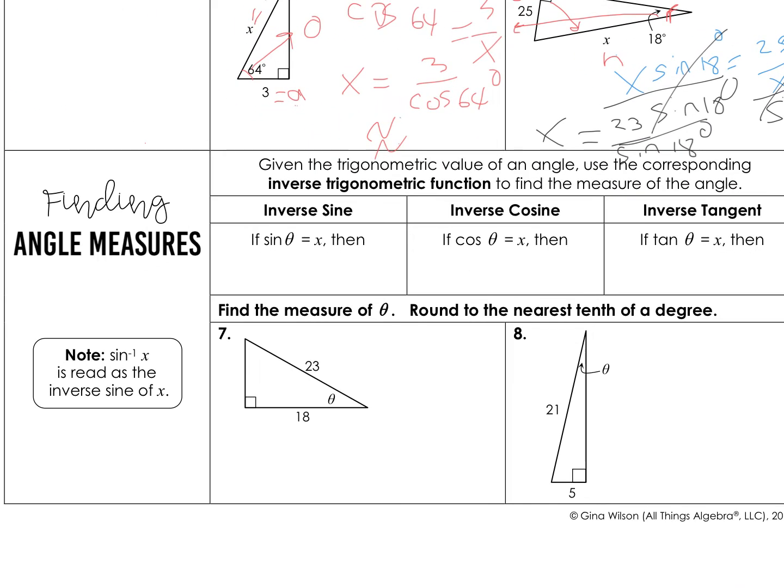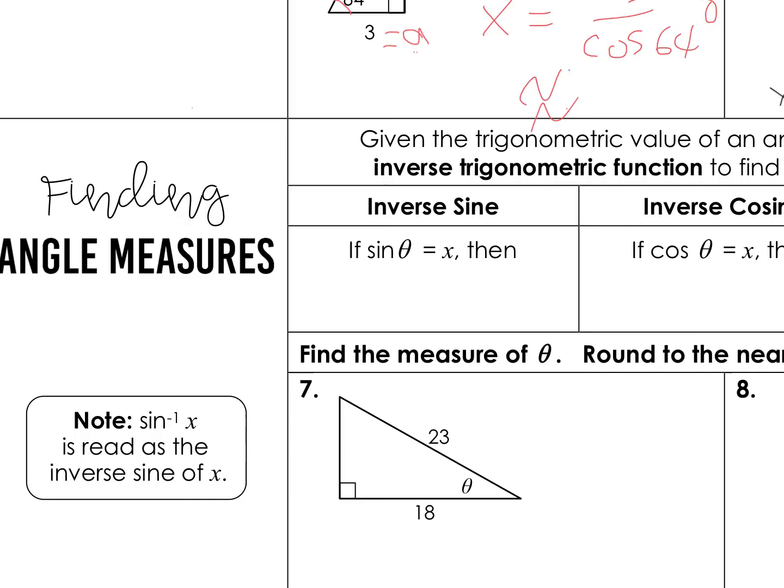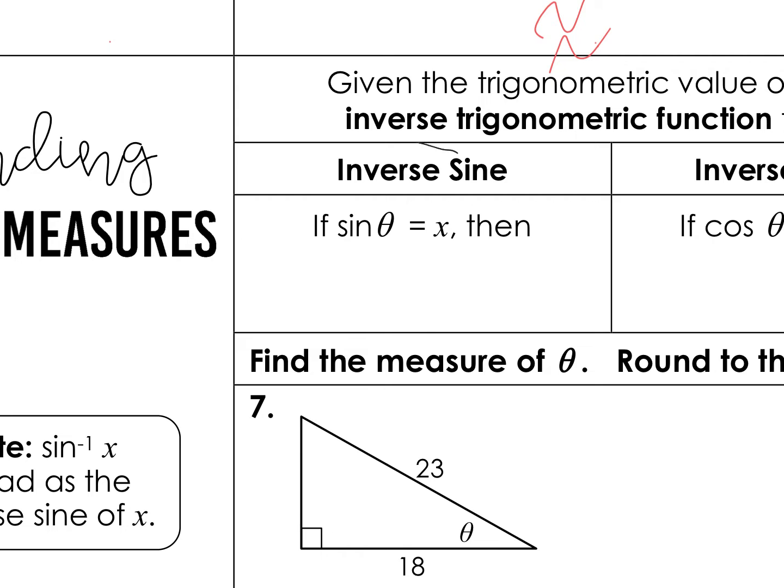Now, something a little different. You've already learned about inverse functions. Well, we can also have inverse functions when it relates to trig, but we have a name for it. I'm going to talk about the inverse sine.